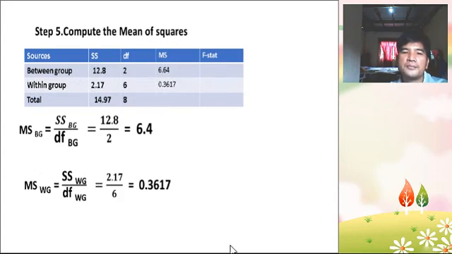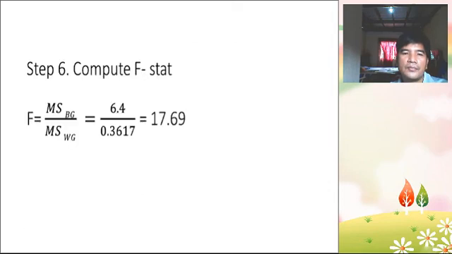Next is step number 6. Now you can compute the F-stat. This is the computation for the ANOVA or F-stat. What you are going to do is divide MSBG by MSWG.